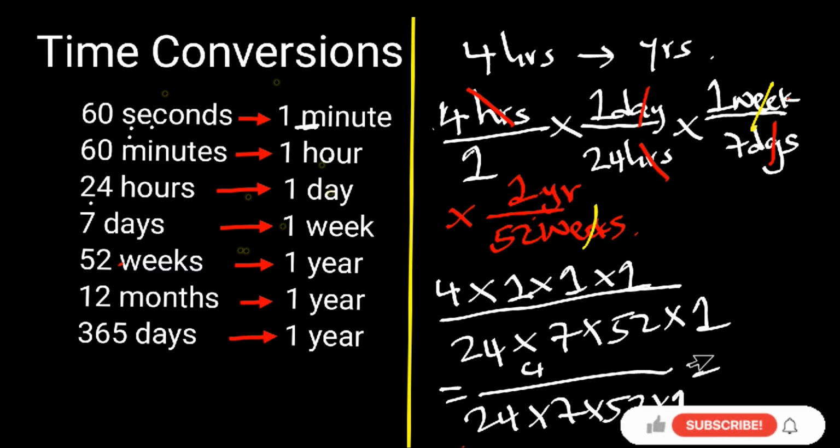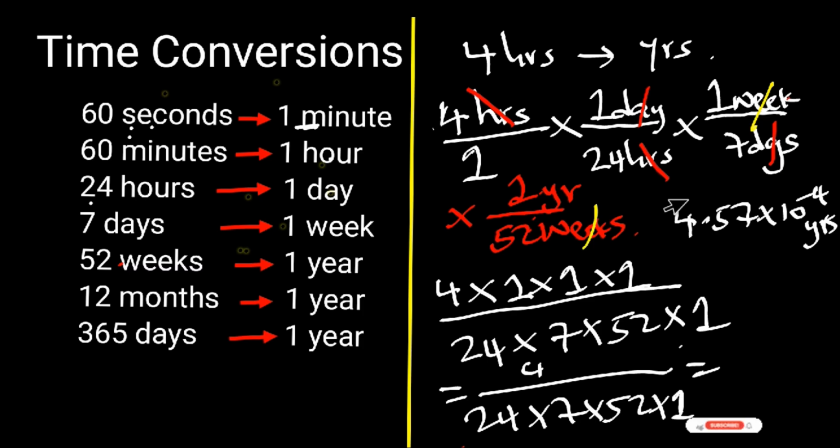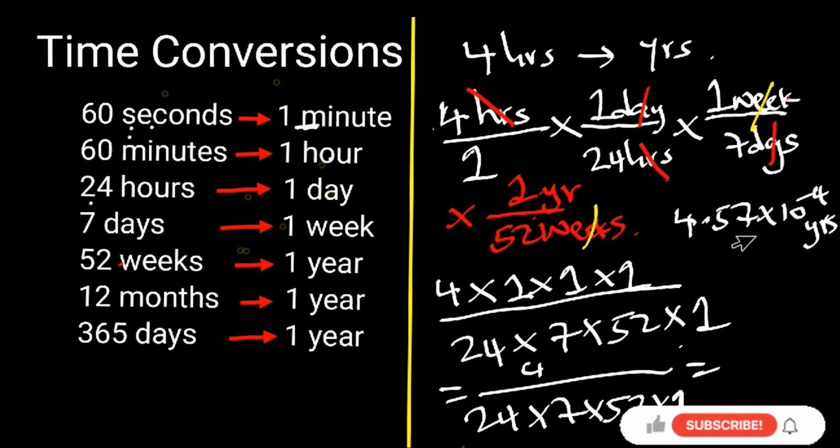So by the time you put this in your calculator, you are going to get that the answer is equal to 4.57 times 10 raised to the power negative 4 years. So that's 4 hours into years, giving us 4.57 times 10 raised to the power negative 4 years. So let's solve the last question.